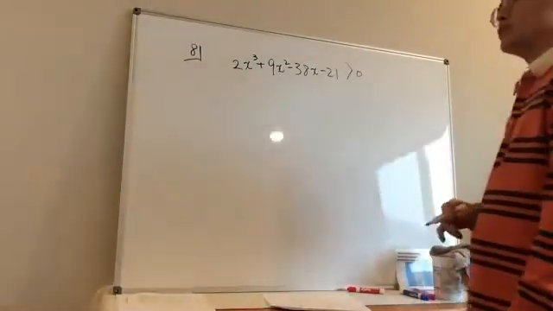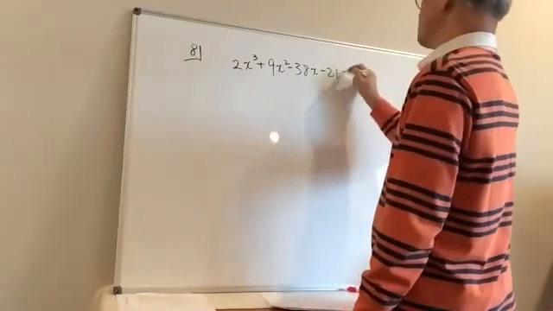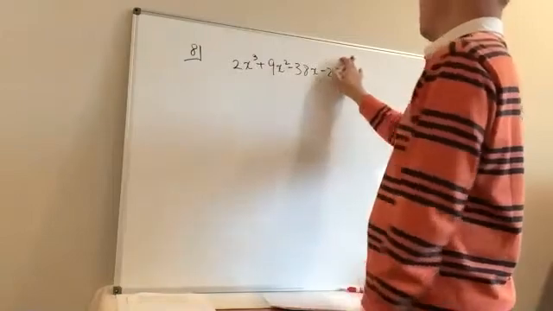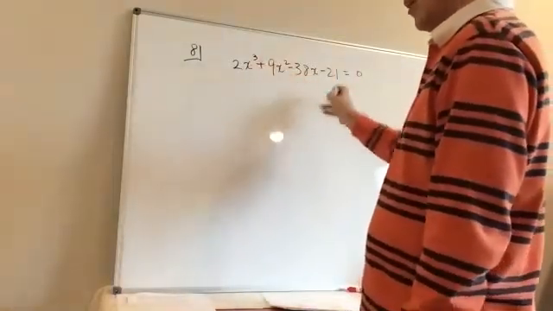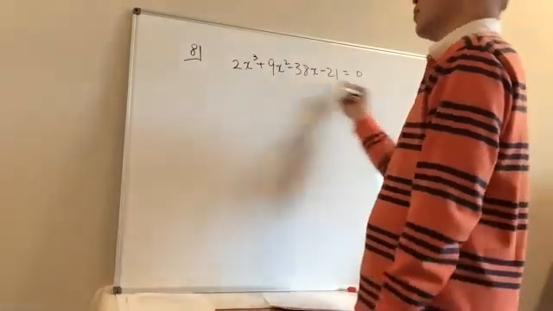The way to approach this question is to solve this first and put it into a polynomial function, in factored form with x minus whatever, that kind of stuff first. So let's go ahead and solve this first.